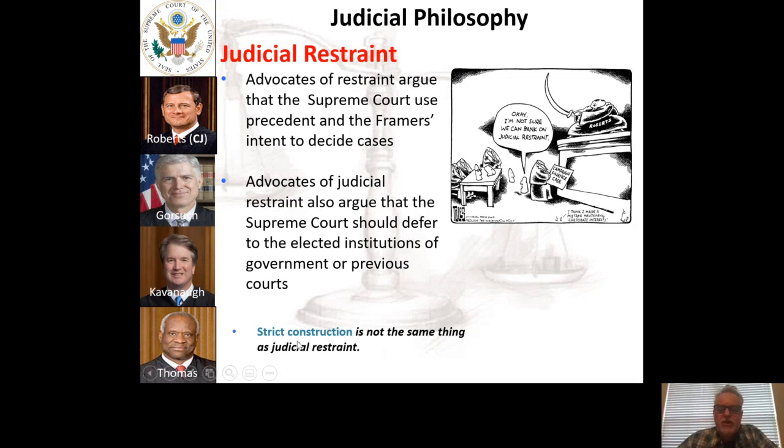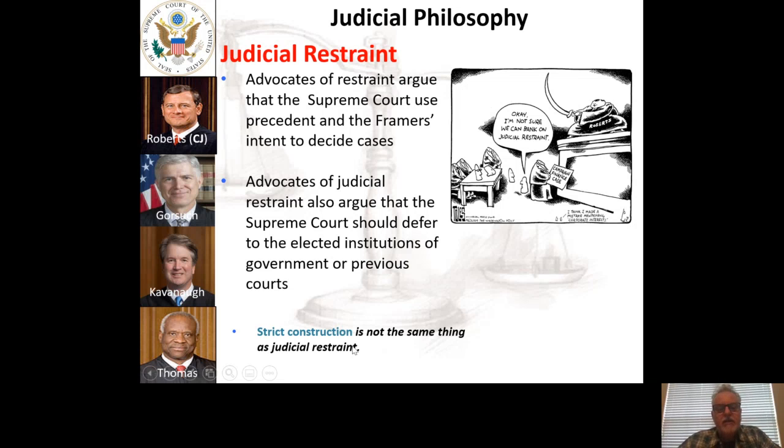So we talked about strict construction, in that strict constructionists look at the Constitution word for word and try to determine the founders' intent. Well, that may be true. For instance, you can overturn Roe versus Wade, the decision on abortion, because you're a strict constructionist, and you would be saying that, hey, there's nothing in the Constitution that describes privacy. It's kind of crazy to create a penumbra of privacy. And so because it's not in the Constitution, therefore it's not protected, a woman's right to choose.